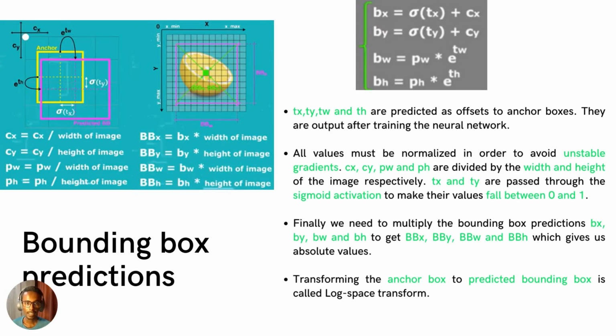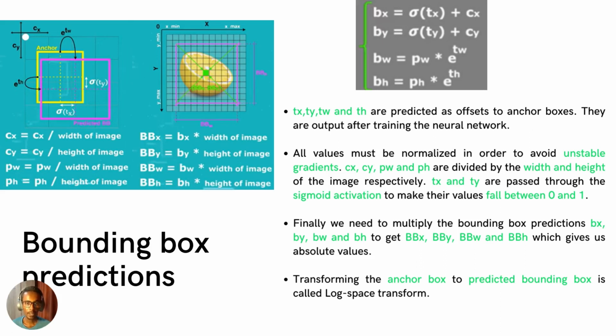So Tx, Ty, Tw, and Th are predicted as offsets to the anchor box. They are output after training the neural network, as I have mentioned previously, and all values must be normalized in order to avoid unstable gradients.